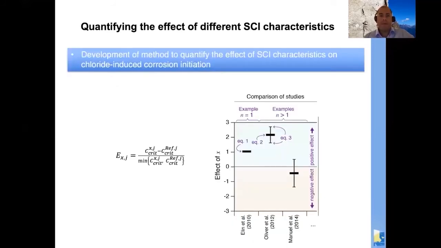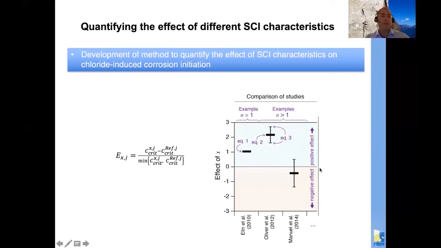First, we had to develop a method to quantify the effect of different steel-concrete interfacial characteristics on corrosion initiation. I'm not going into details here as it can be read up in the paper, but we came up with a mathematical formula that allowed us to quantify and normalize the effect of different characteristics, so that it allowed for comparison between those and that we could distinguish between a positive effect and a negative effect.